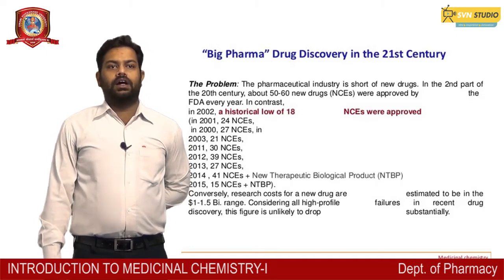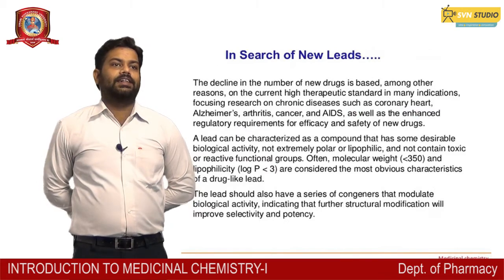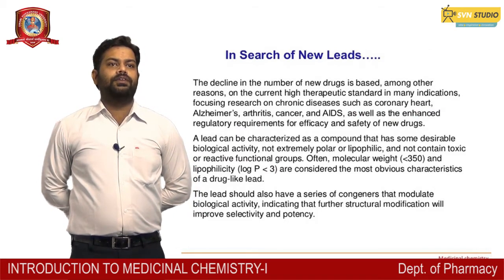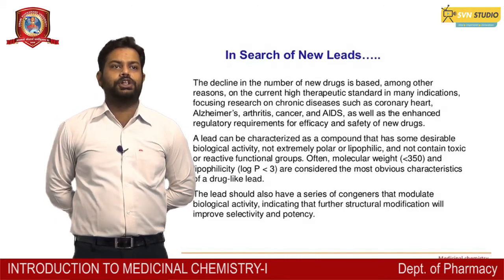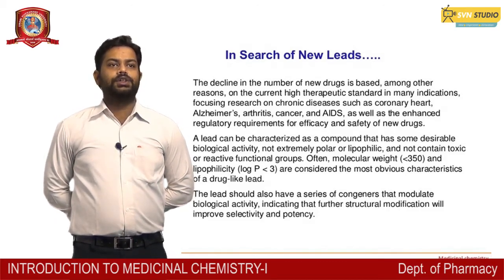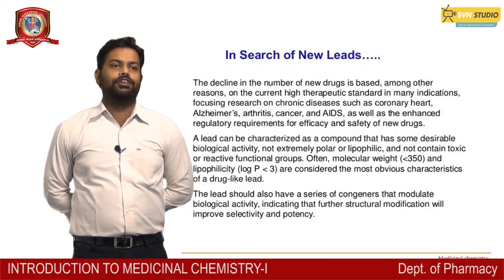In research newsletters, the decline in the number of new drugs is attributed, among other reasons, to the current high therapeutic standard in many indications, focusing research on chronic diseases such as coronary heart disease, Alzheimer's, arthritis, cancer and AIDS, as well as enhanced regulatory requirements for efficacy and safety of the new drug.